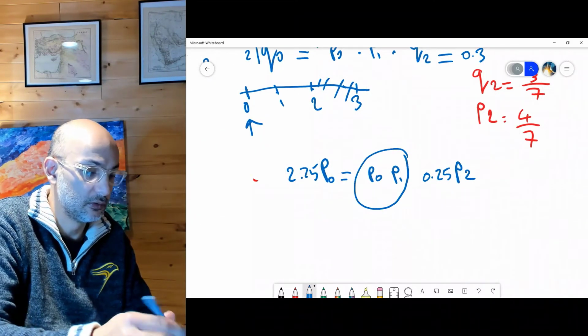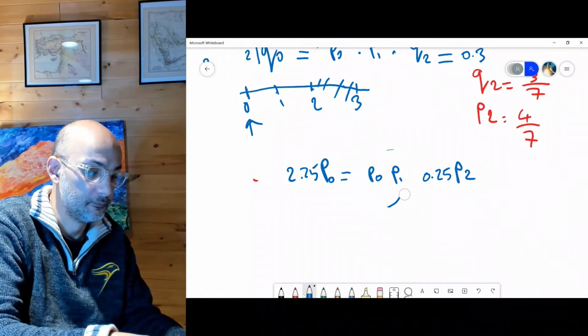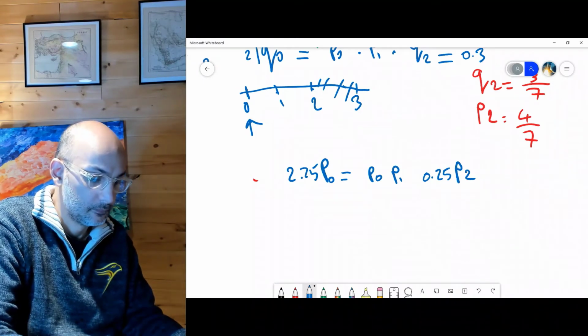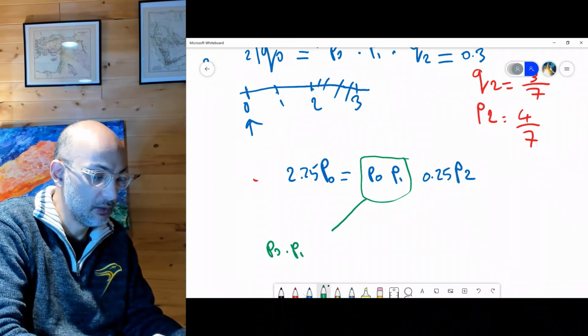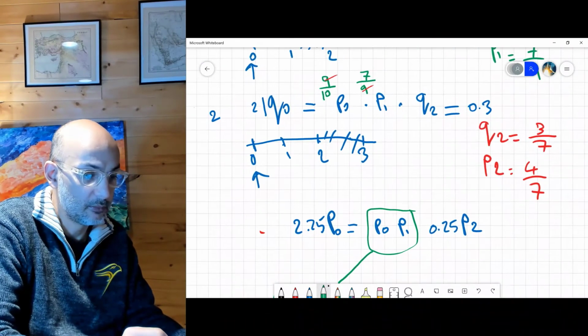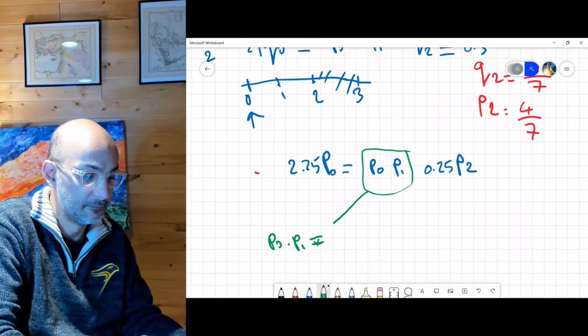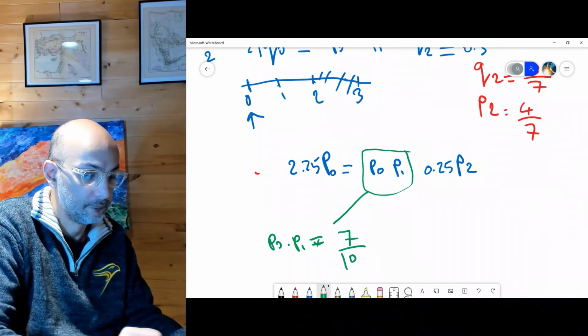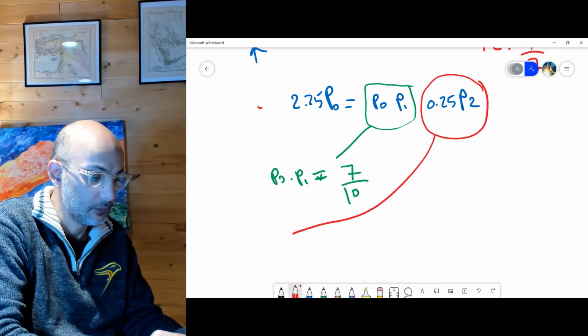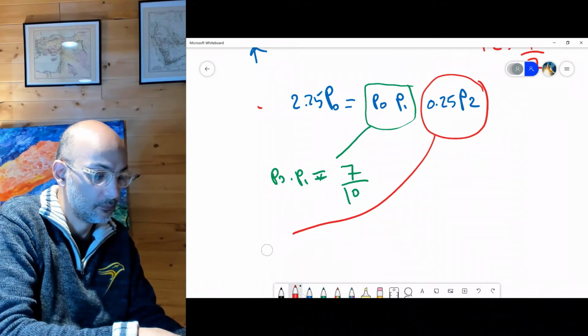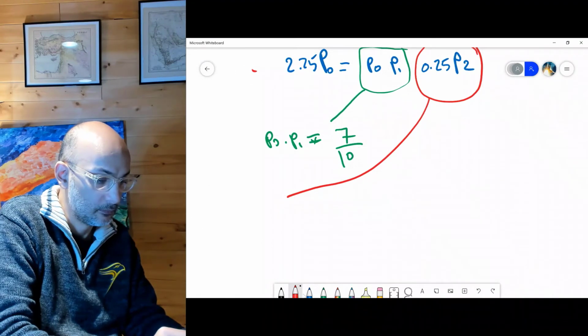Let's take these guys separately, using a different color. P0 multiplied by P1, we already calculated them, right? P0 multiplied by P1 is 7 over 10. Now let's take this one, 0.25 P2.